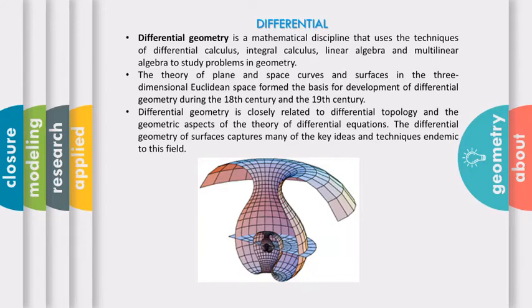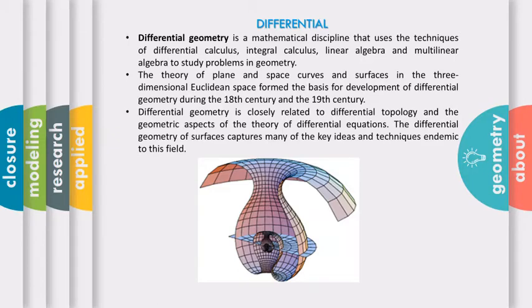The theory of plane and space curves and surfaces in three-dimensional Euclidean space formed the basis for the development of differential geometry. During the 18th and 19th centuries, it was developed. The reason is crystal clear. Differential geometry is closely related to differential topology and the geometric aspect of the theory of differential equations.